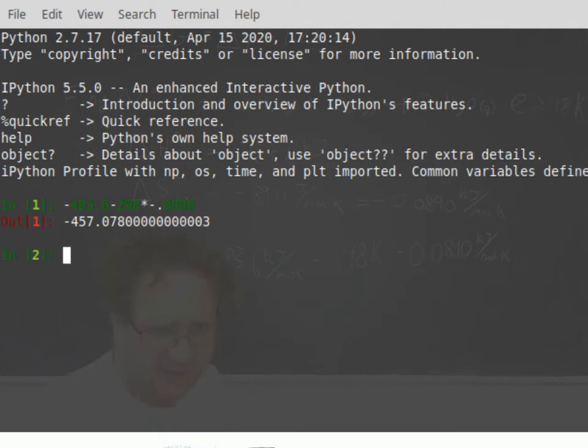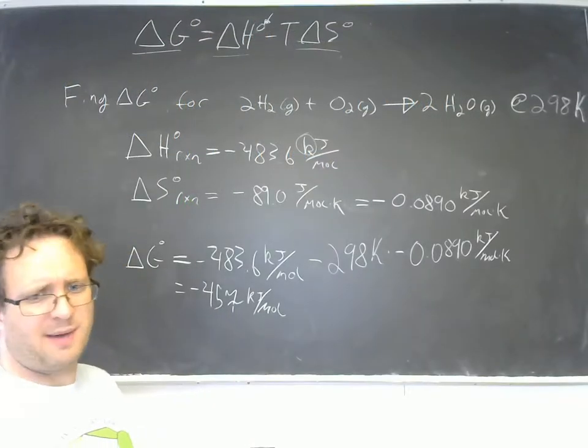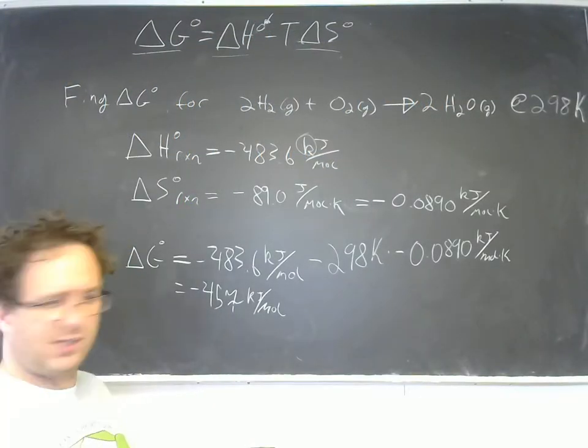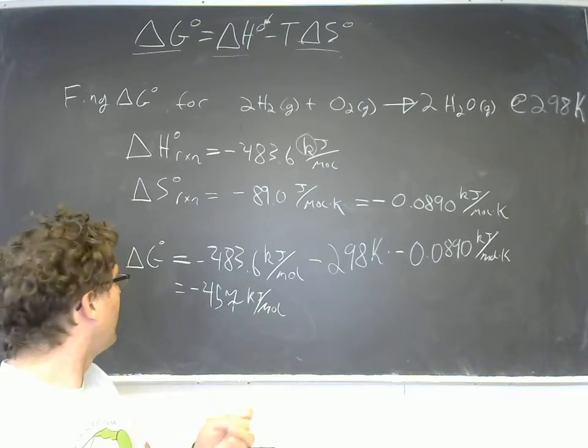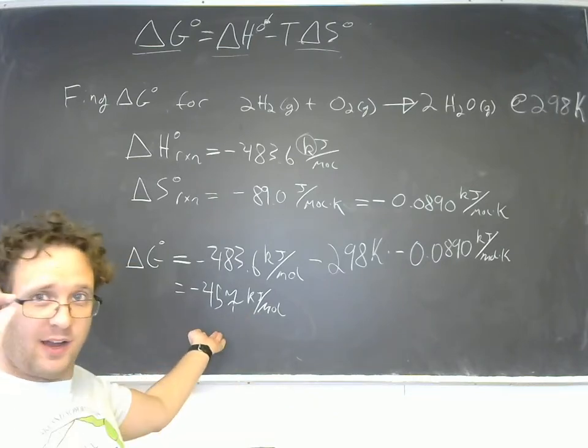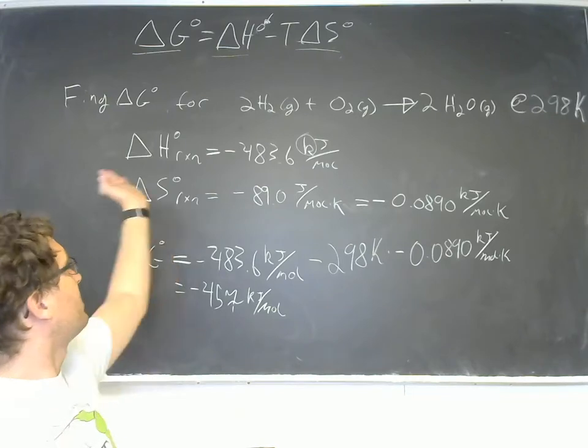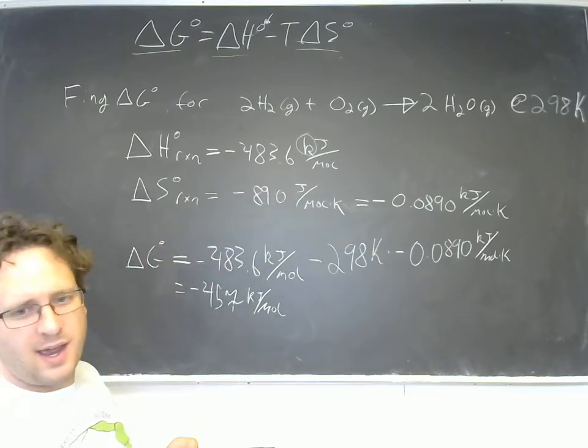And what I get is negative 457 kilojoules per mole. So what does that mean? The first thing that we can say about this is that because the delta G naught value is negative, this process is spontaneous at room temperature.